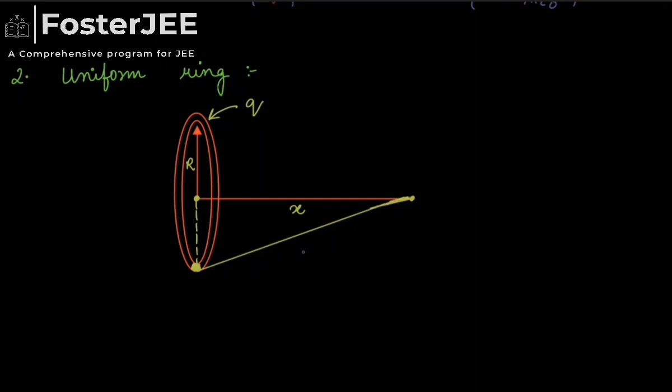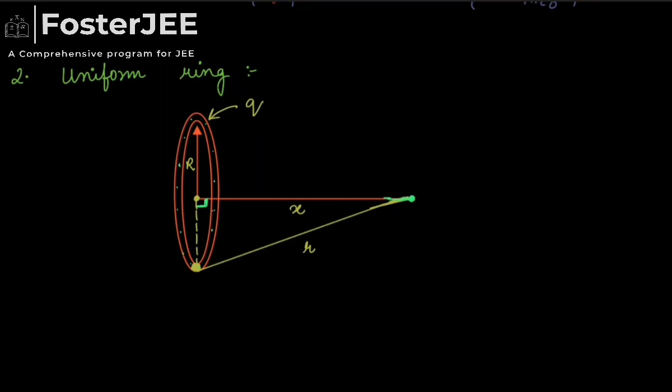Let us say this point is at a distance small r. Now, since it is perpendicular, because the ring is placed symmetrically with respect to this point, from every point on this ring, the distance of any part of this ring from this point is the same.